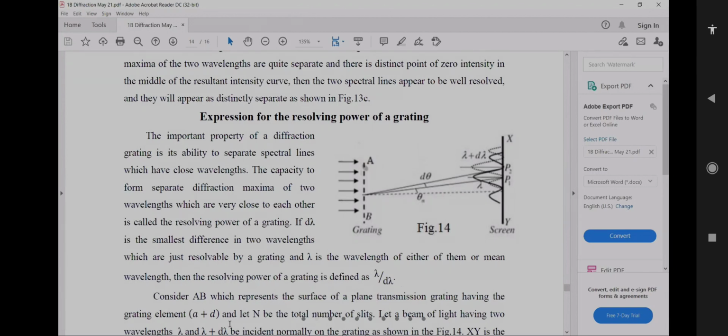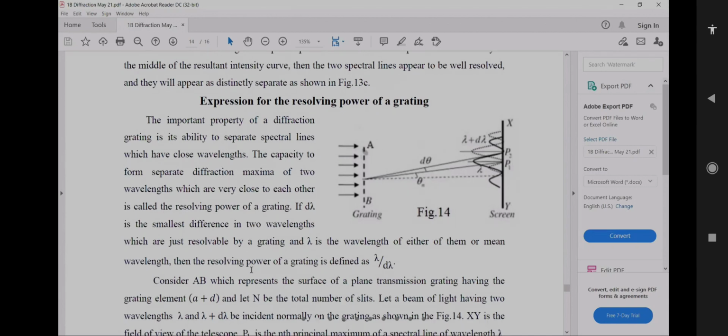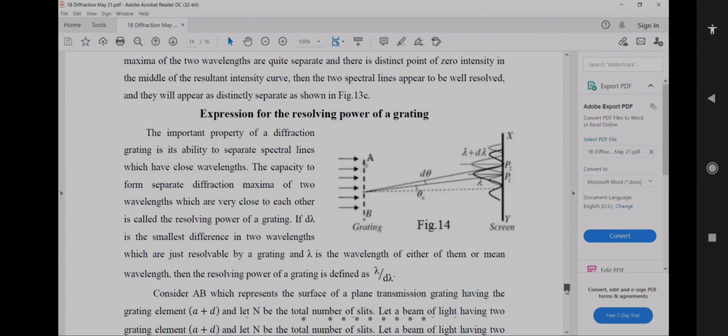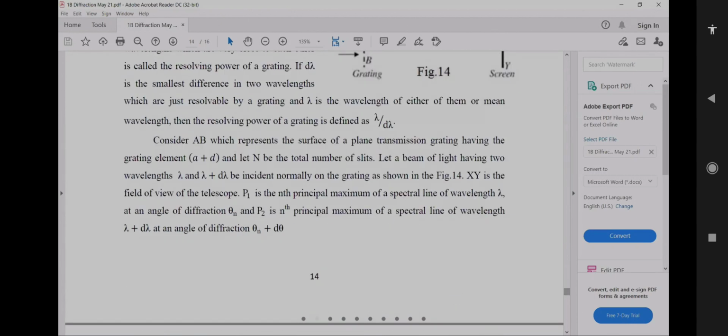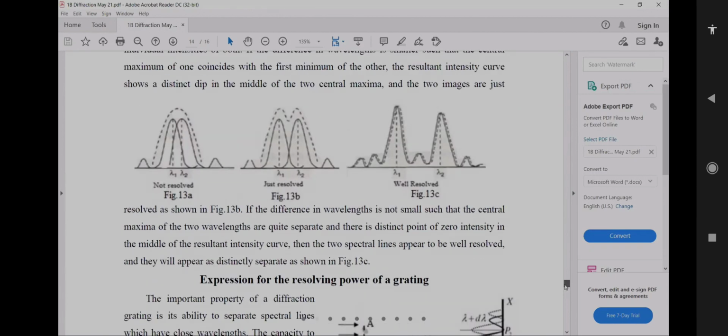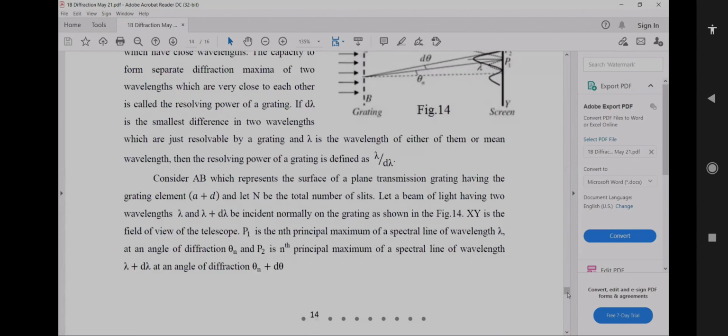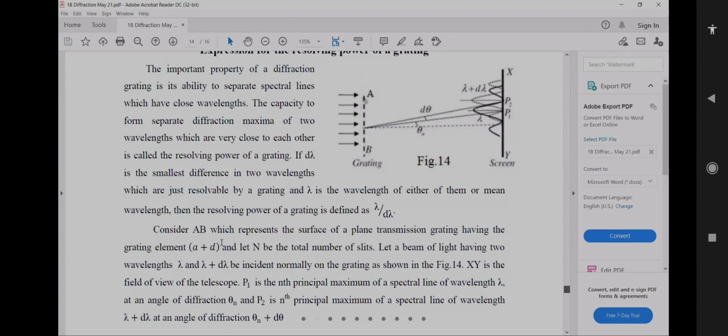Consider AB, which represents the surface of a plane transmission grating having the grating element a plus d.